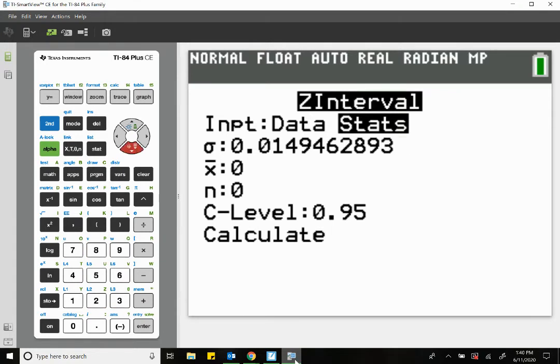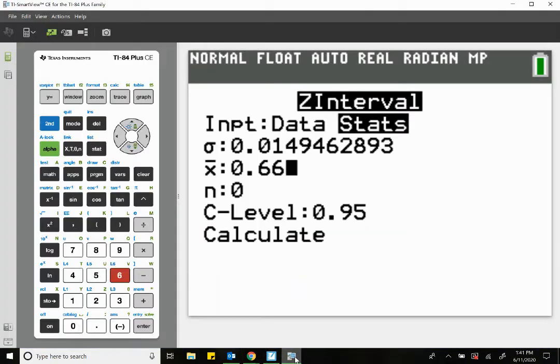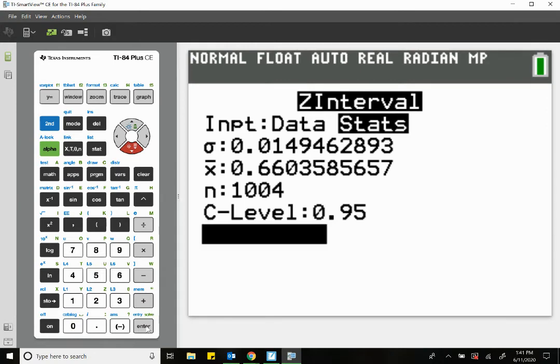We know that this is our p hat, which is 0.660358, then I believe it's 5657. And then you know how many people there were? 1,004. We want the 95%, so leave that the way it is and just hit calculate.